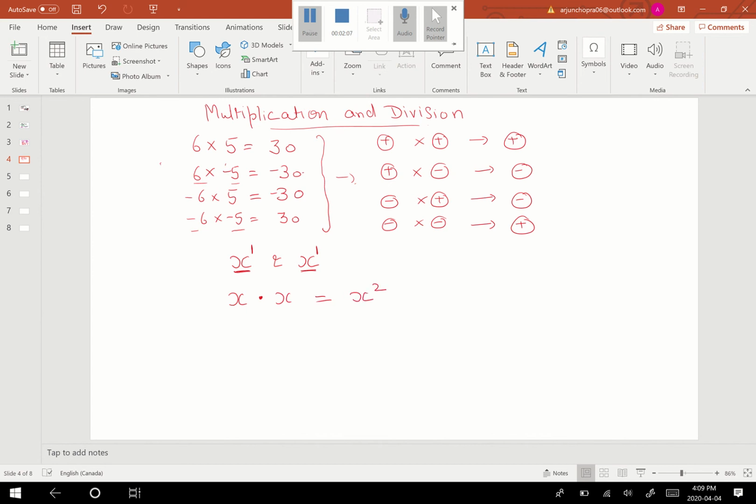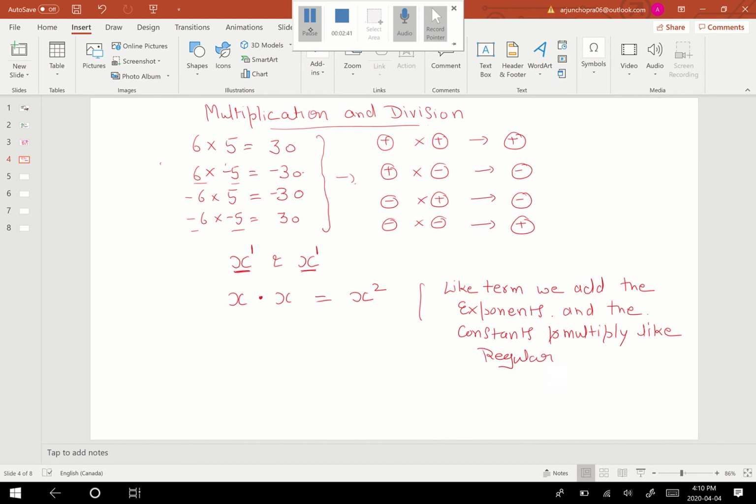So what I'm doing, when we multiply like terms, we add the exponents and the constants multiply like regular terms.